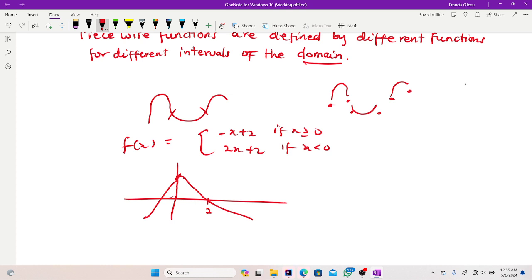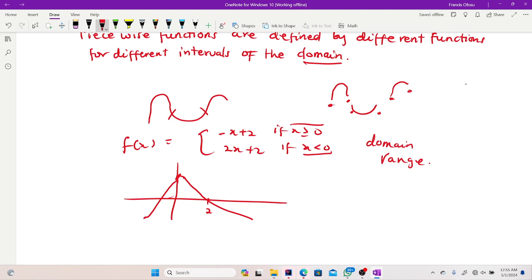Whenever we are dealing with a function, our interest is in the domain as well as the range of the function. So what is the domain of this function? To get the domain of a piecewise function, we are interested in the domains given here.